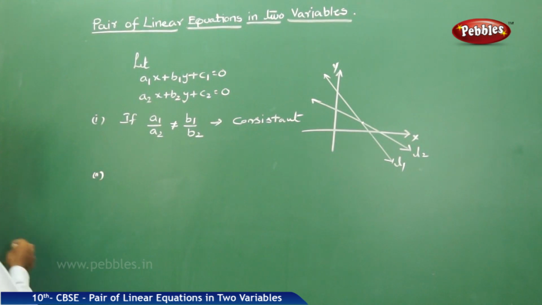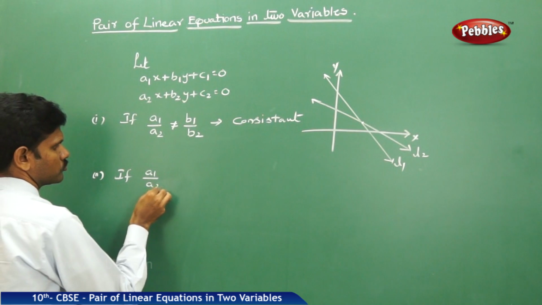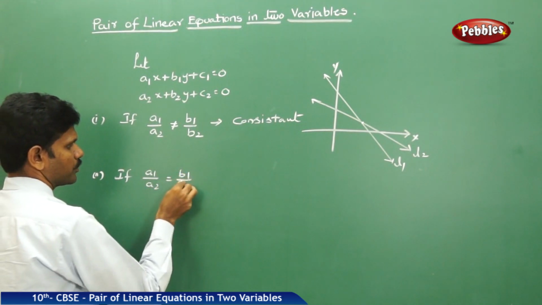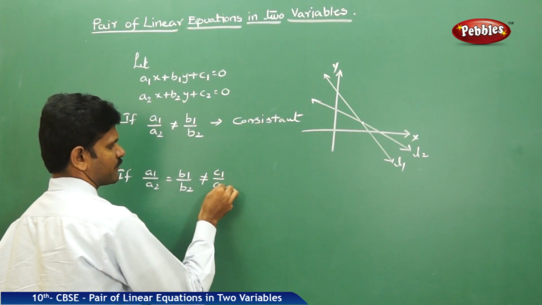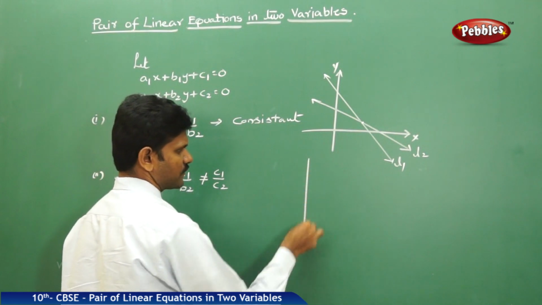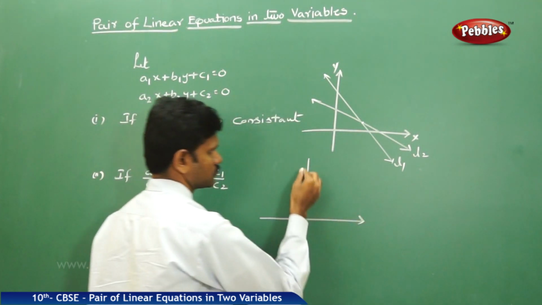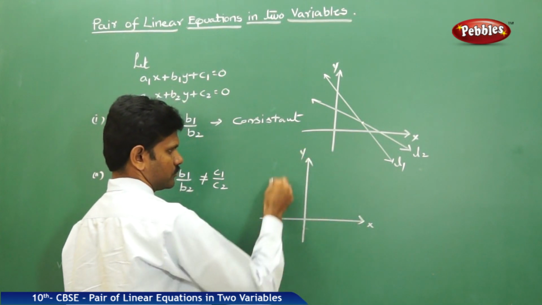Case 2, if a1 by a2 is equal to b1 by b2 is not equal to c1 by c2, then what is the nature of the graphs? Let's see. X, y.